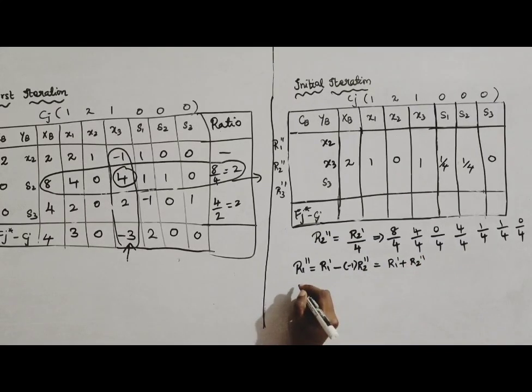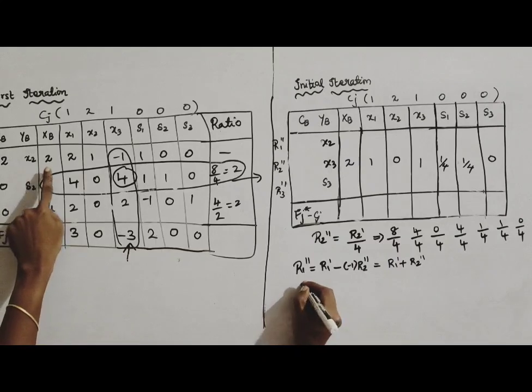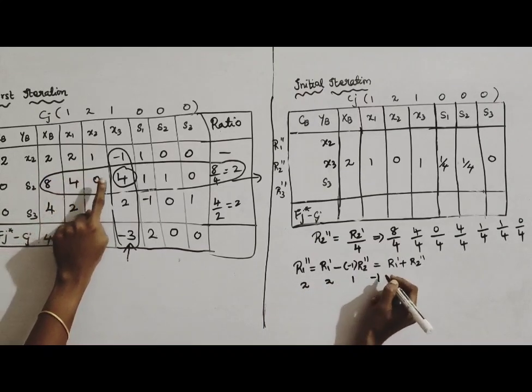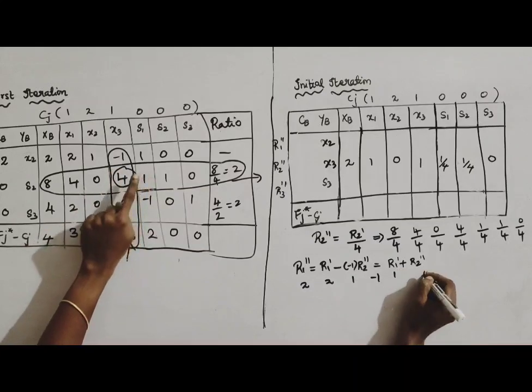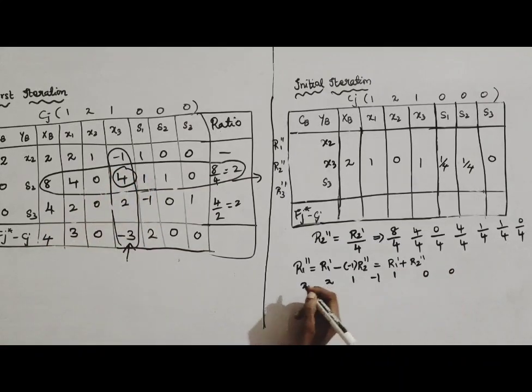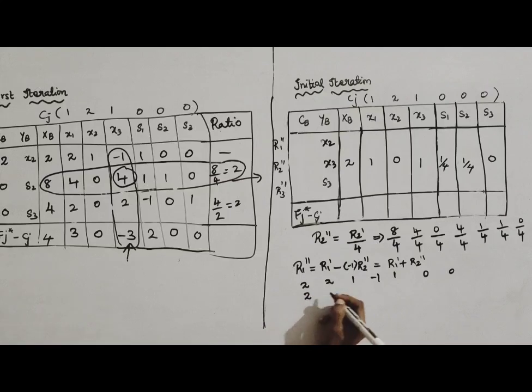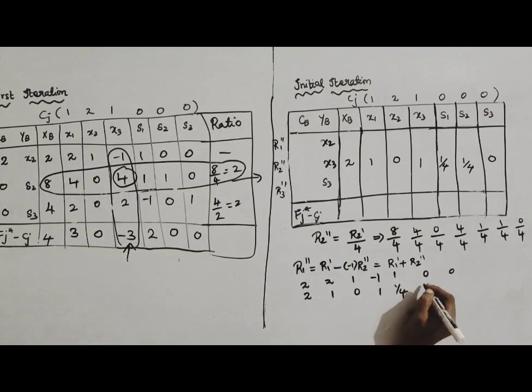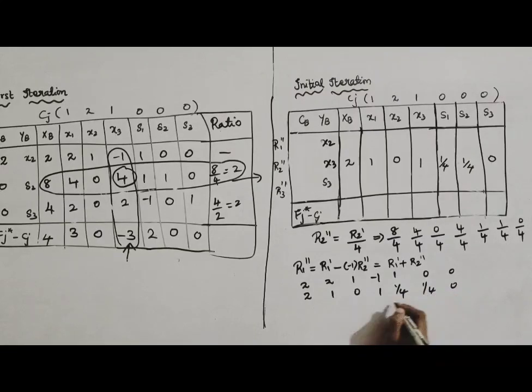What is R1 dash? 2, 2, 1, minus 1, 1, 0, 0. What is R2 double dash? 2, 1, 0, 1, 1 by 4, 1 by 4 and 0.